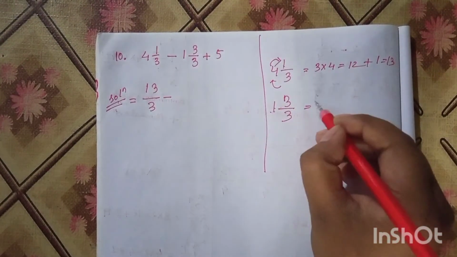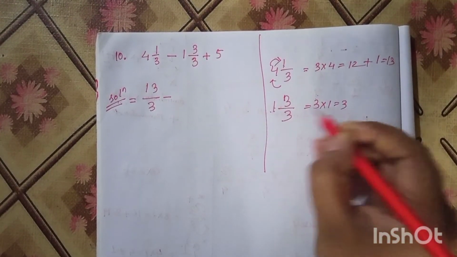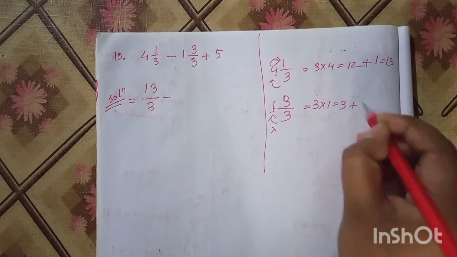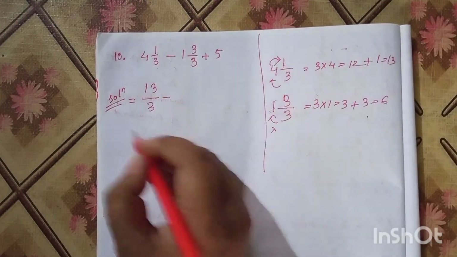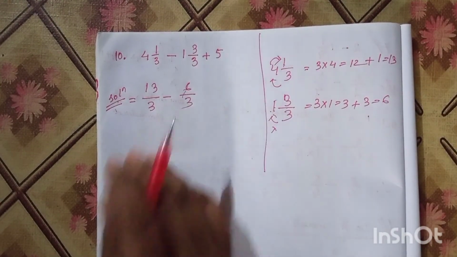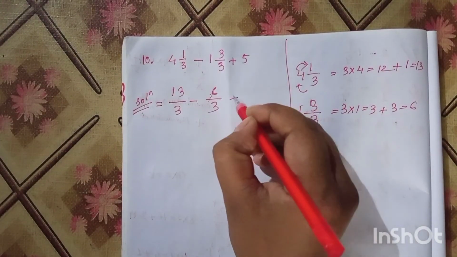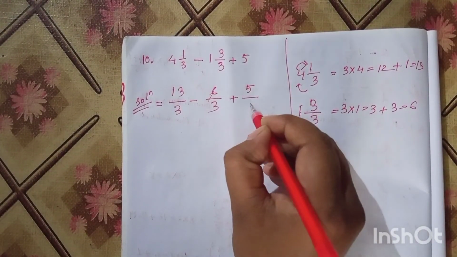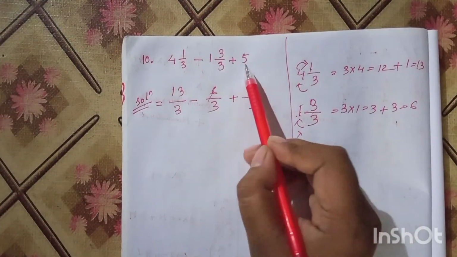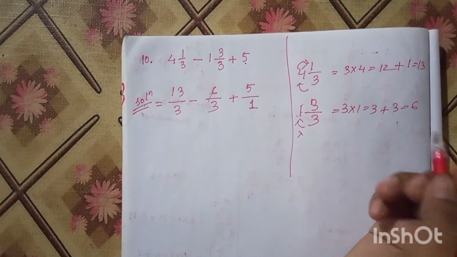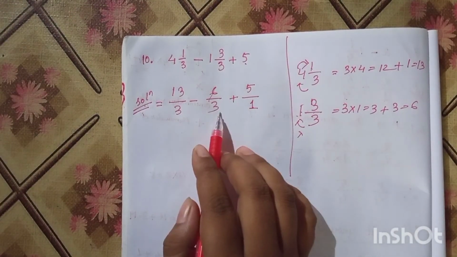So here 3 1s are 3, multiply with this, you need to add 3, is equal to 6. So 6 by 3. Now the last one, 5. It is a whole number, so we will add 1 as denominator and it will be a fraction now.